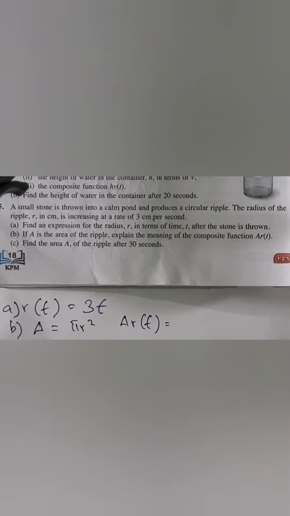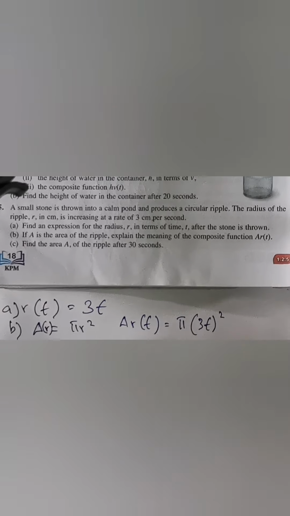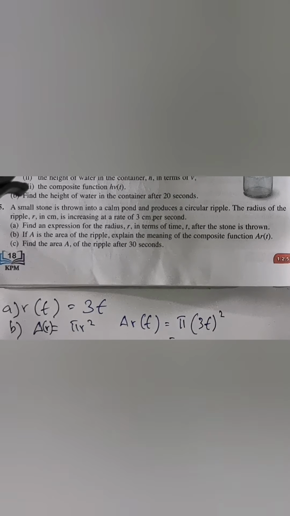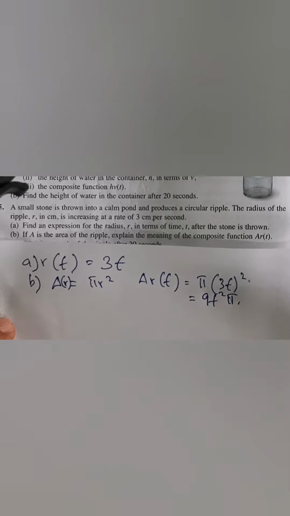This is in terms of r, so you just replace 3t where r is. So pi times 3t squared becomes 9t squared pi.